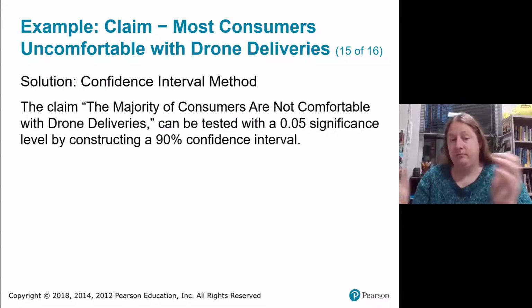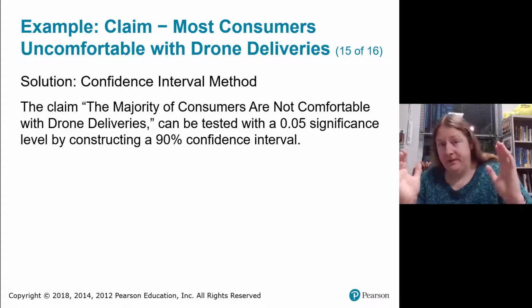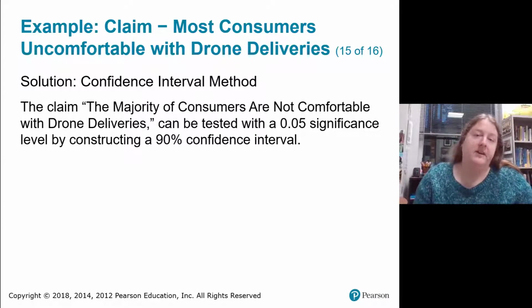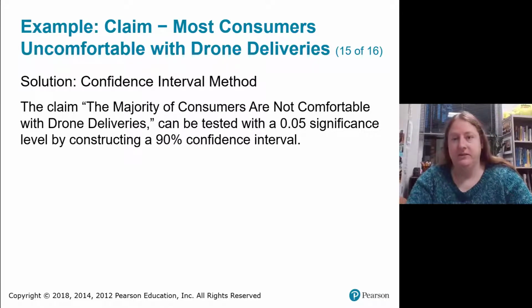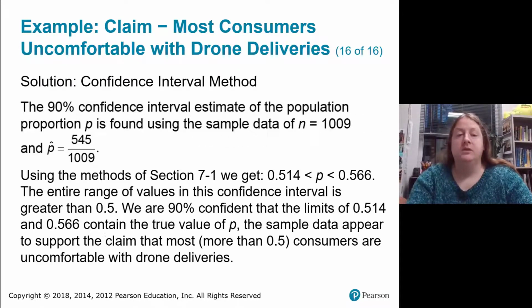And since a confidence interval has both sides and two tails, to have 5% in the right tail, we need to also have 5% in the left tail, combining for 10% in the tails and a 90% confidence interval. So if we construct a 90% confidence interval, we're going to look at our p-hat value.